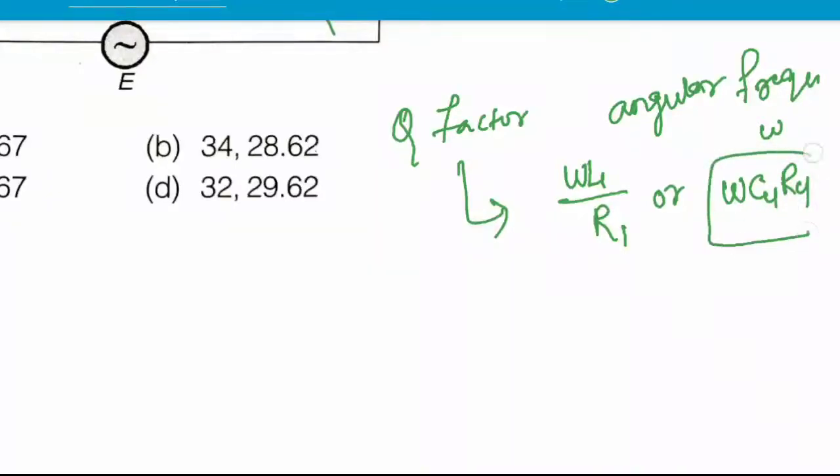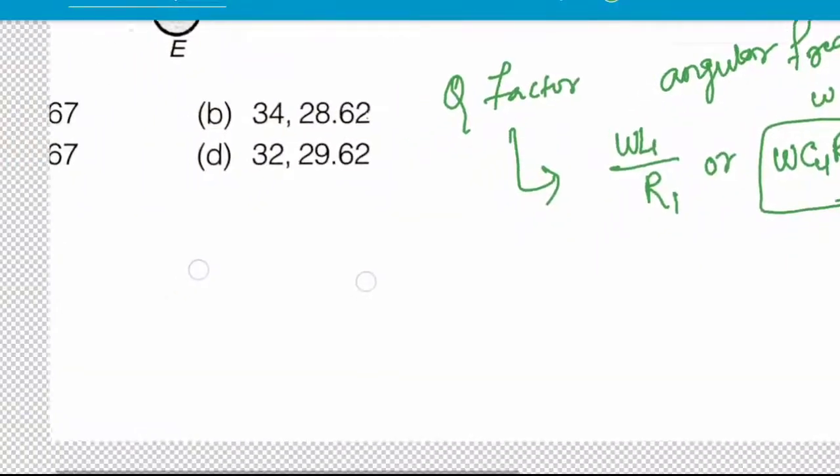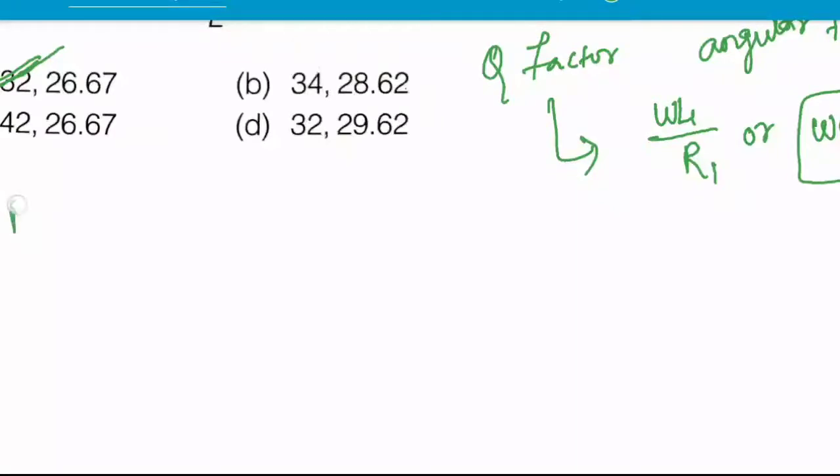This is the Q factor formula, and this is suitable for measurement of inductance which is of medium Q coil. The Maxwell's inductance capacitance bridge is for medium Q coil.